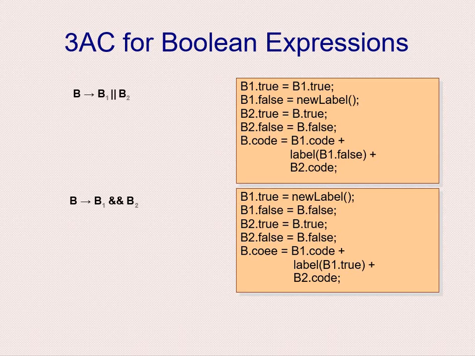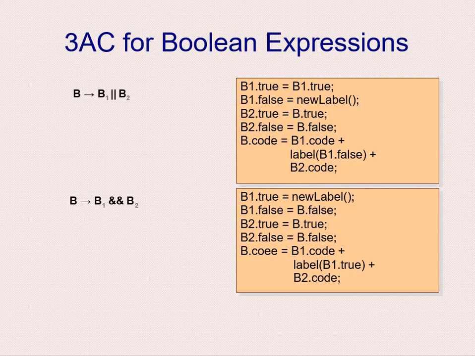Suppose we are having one production rule, where B is generating B1 or B2, either this condition or this condition. Based on that we can calculate the value of B. So we can represent B1.true equals B.true. If B1 is true, then the value of B will be true. B1.false, we give a new label for this one.